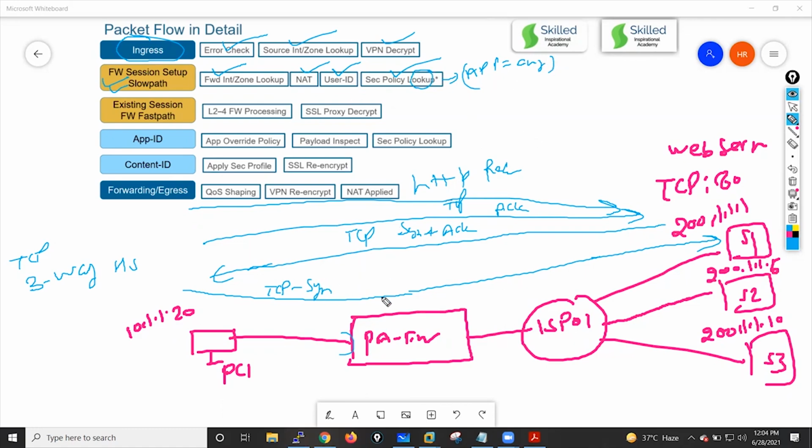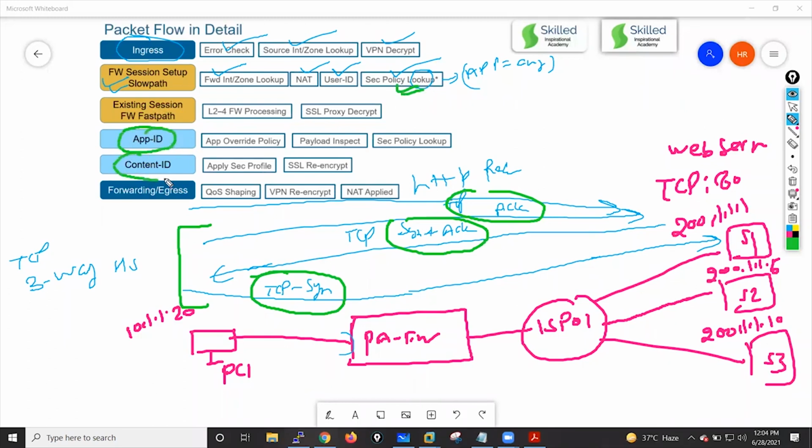So now, whenever this particular PC initiated this packet, which is the TCP SYN packet, and TCP SYN plus ACK, and this TCP ACK, these three packets will go till your policy lookup, and your firewall will not send these packets to the application engine and content engine.